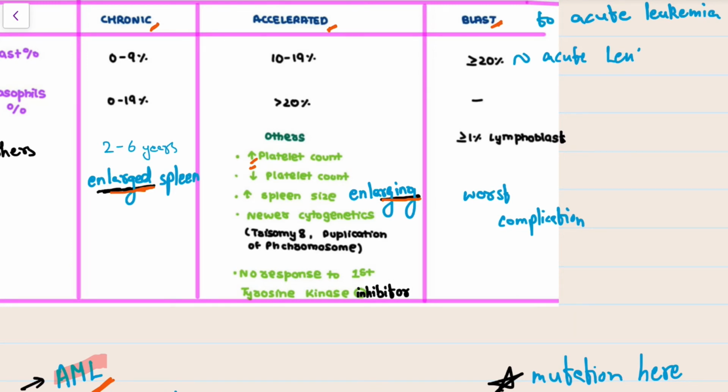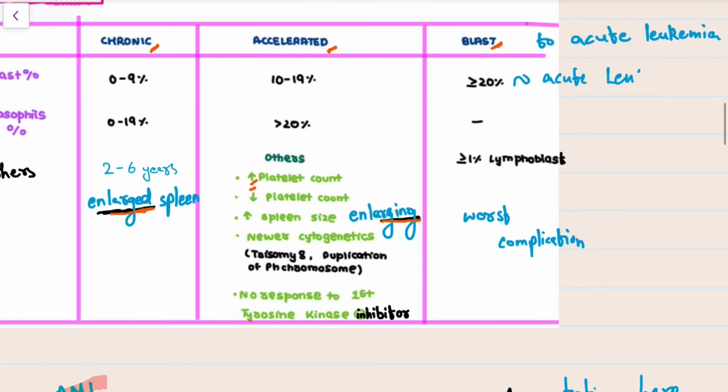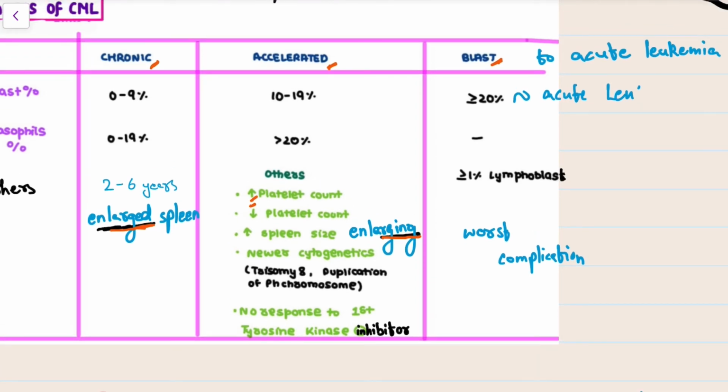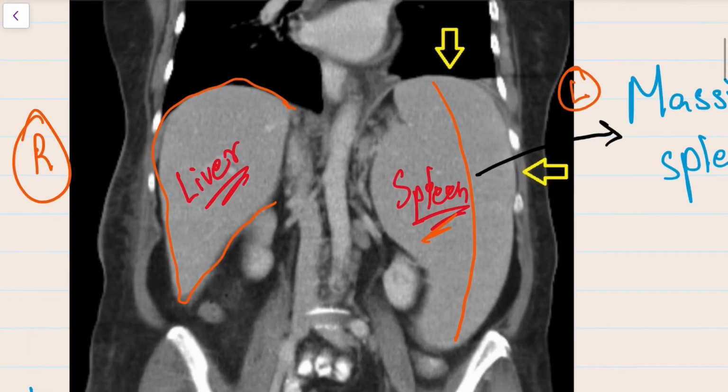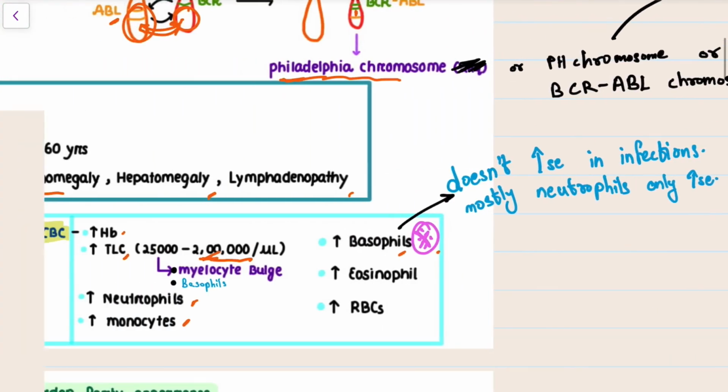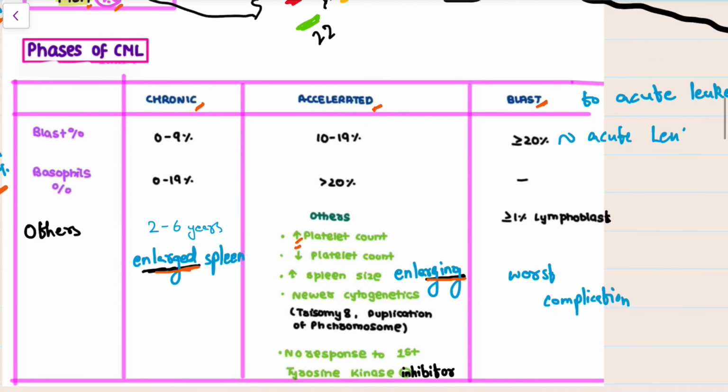This increasing shows that it has gone into another stage, and cells are actually being produced more, and it's going to a bad side. So the spleen continues to enlarge. That's bad, right? That's very, very bad actually.